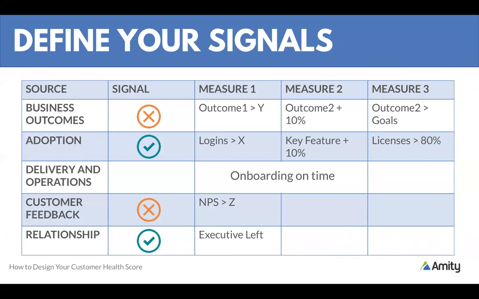These are all ways of defining the acceptable or expected range for a particular value. And your health score may be a combination of all three of these.